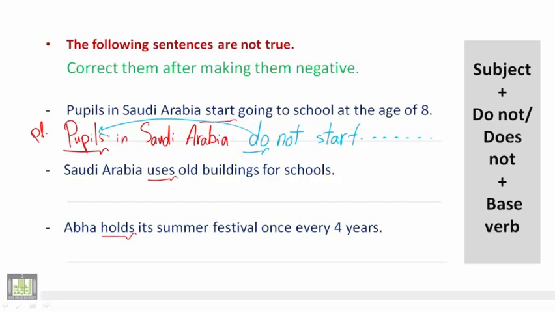Let's see the second example. In the second example we have a singular subject. So we will see how we are going to make it negative differently.